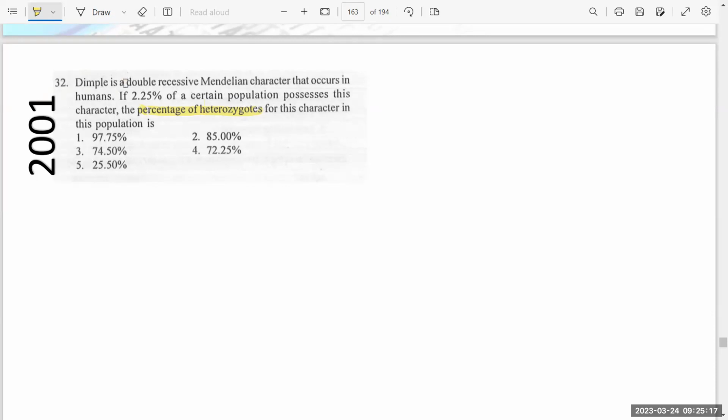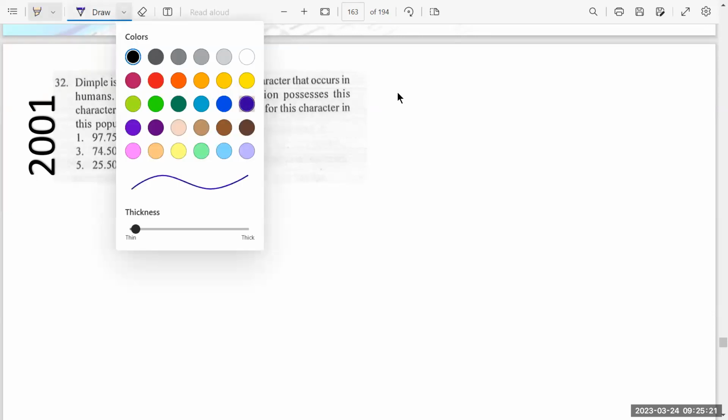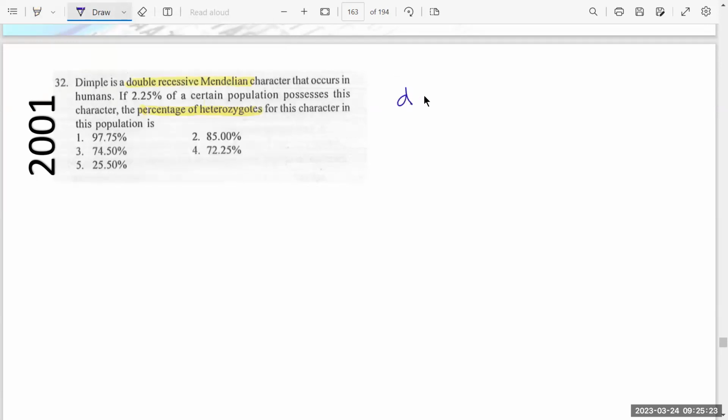Dimple is a double recessive Mendelian character. So that means if we use the simple letter D, this phenotype is dimple.